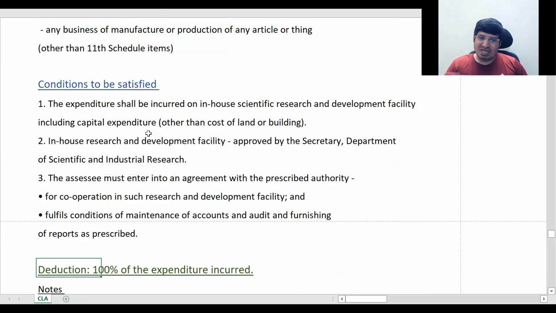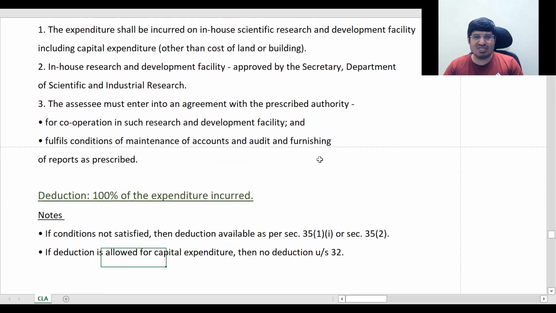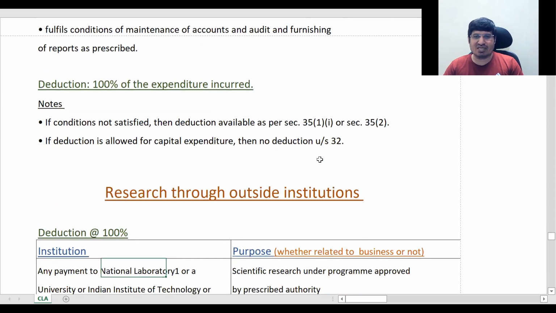Be it revenue, capital, anything, no problem. Okay, they are giving for everything. Okay, other than cost of land or building, that's all. You can just take the approval of this authority.